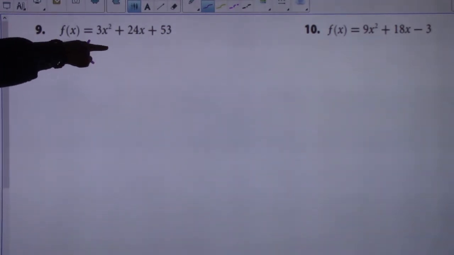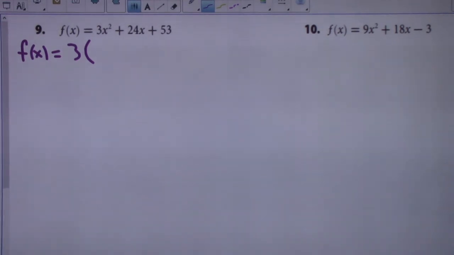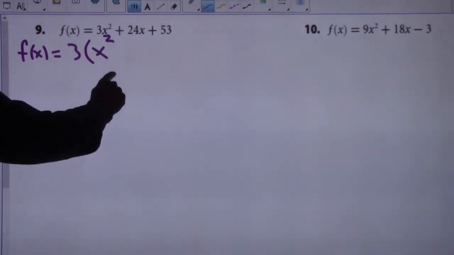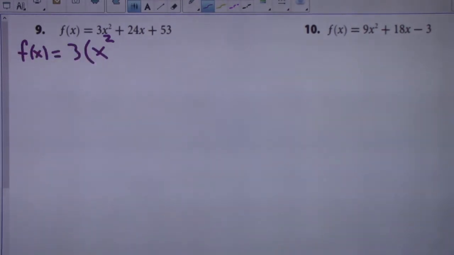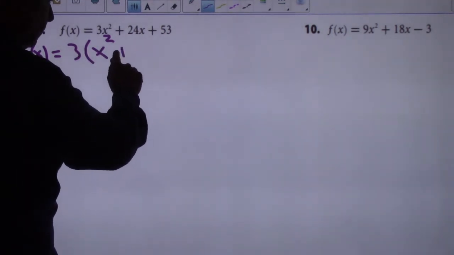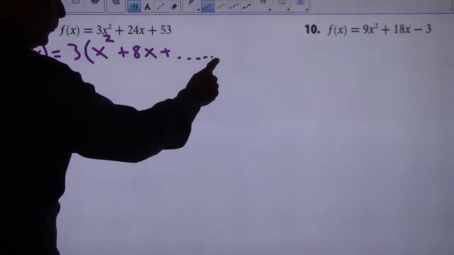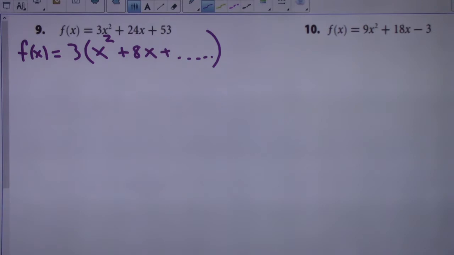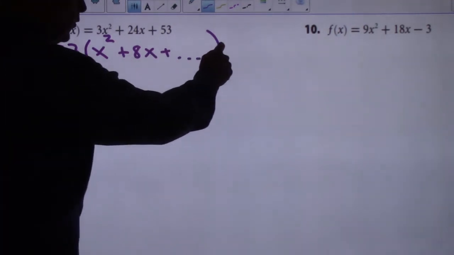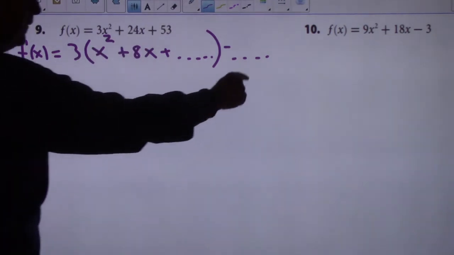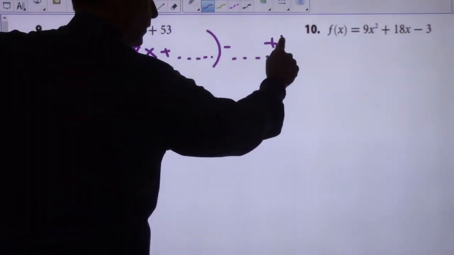So 3 times what equals 3x squared? x squared, right? And then 3 times what equals 24x? 8x, right? And then plus, we're going to put something in here to complete the square, and then we subtract over here to compensate for whatever we add here, and lastly we add the 53.